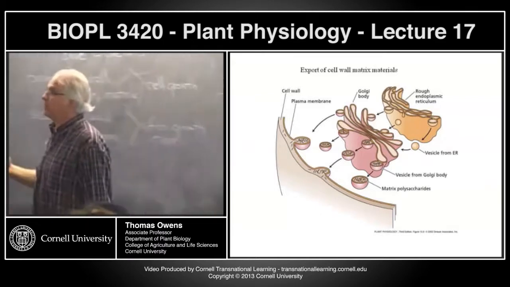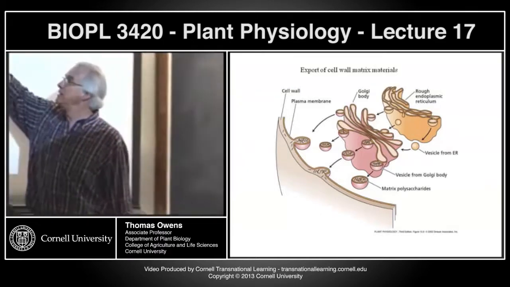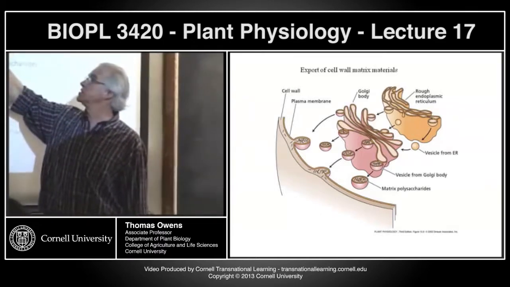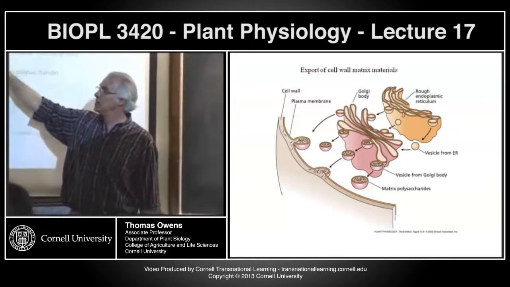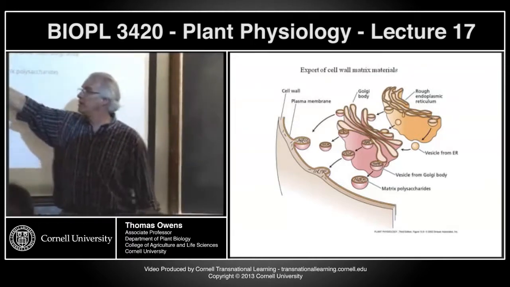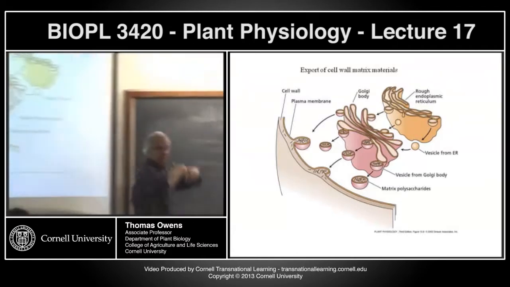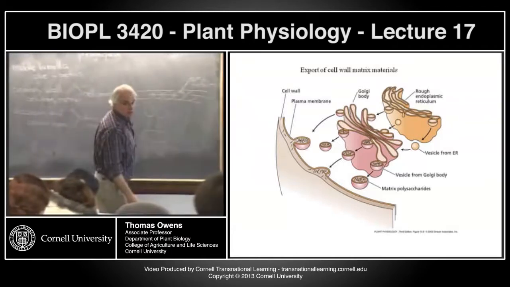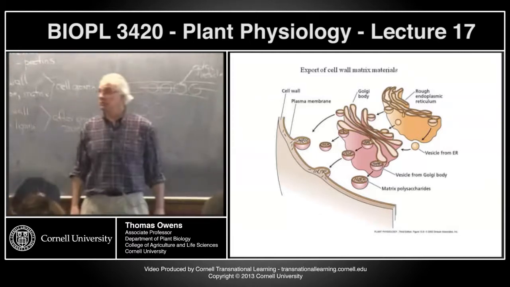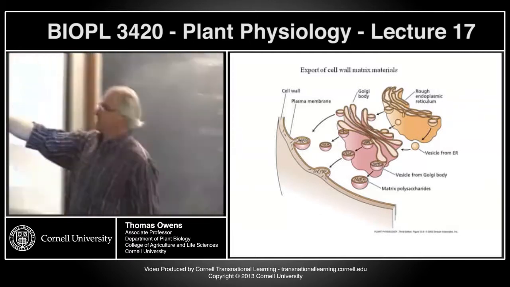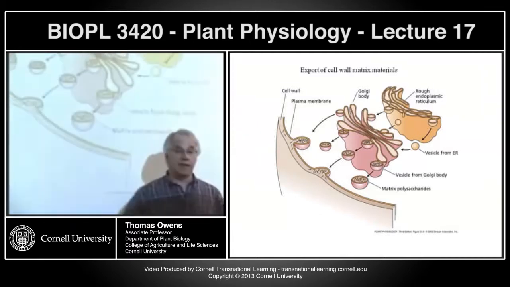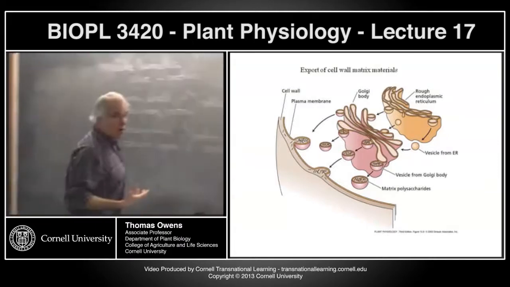Those carbohydrate polymers are then bundled up in the interior of vesicles that bud off from the Golgi, move to the plasma membrane, fuse with the plasma membrane, and when they fuse, the contents of those vesicles are released into the cell wall. So all the hemicelluloses and pectins and things like that are delivered to the cell wall by this mechanism.